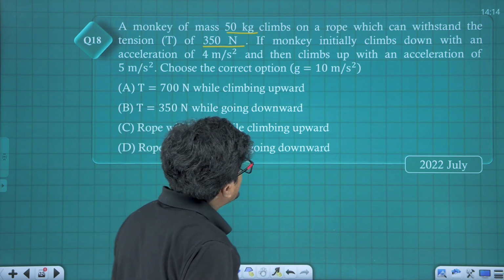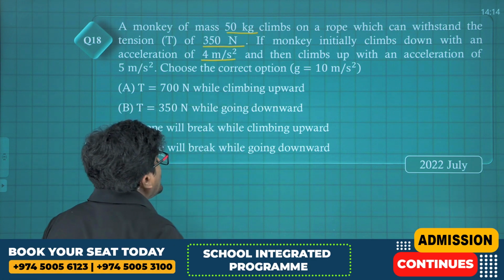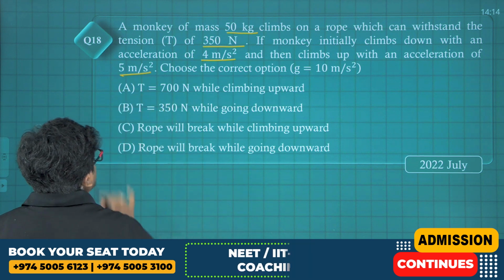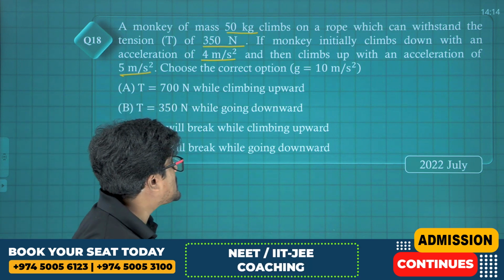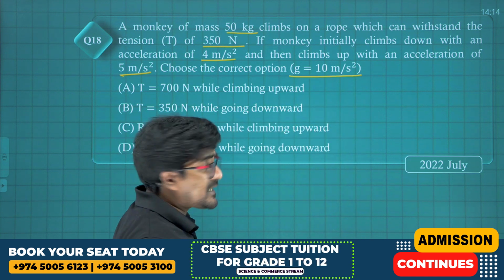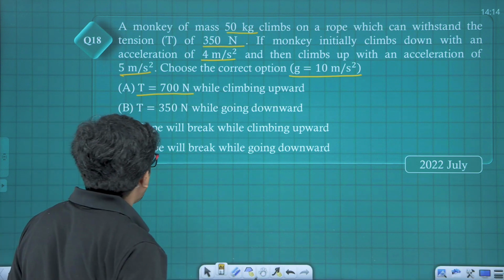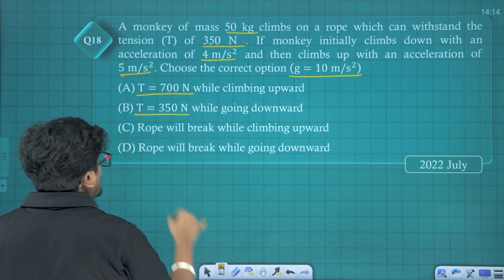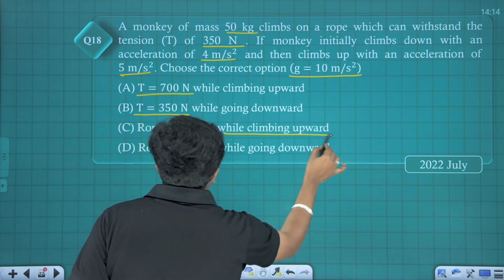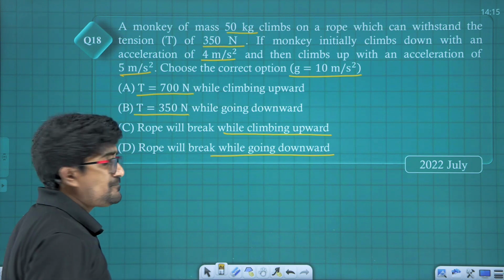If the monkey initially climbs down with an acceleration of 4 meter per second square and then climbs up with an acceleration of 5 meter per second square, choose the correct options. We need to take g equal to 10 meter per second square, and option says capital T equal to 700 Newton while climbing up, T equal to 350 Newton while going down, rope will break while climbing upward, and rope will break while going downward. These are the 4 options.